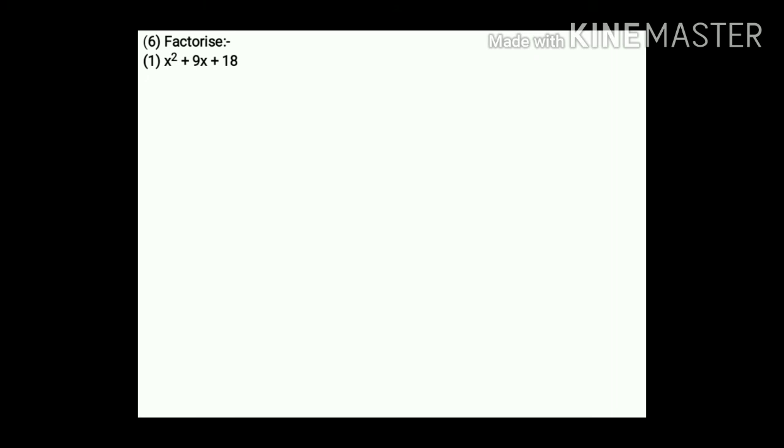So our first step is, children, first term into third term equal to x² into 18 equal to 18x². Now, children, here we have to find the factors of 18. What are the factors of 18, children? 9 twos are 18, but when we add 9 and 2, what do we get? 11. And the next factors, children, 6 threes are 18. 6 + 3, what do we get? 9. We are getting the middle term.